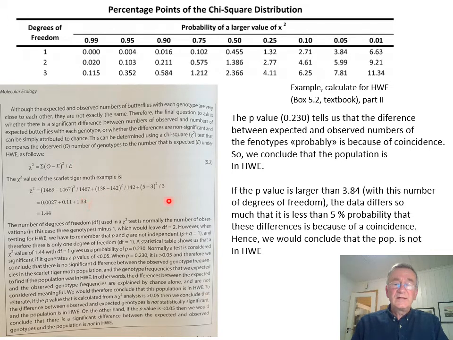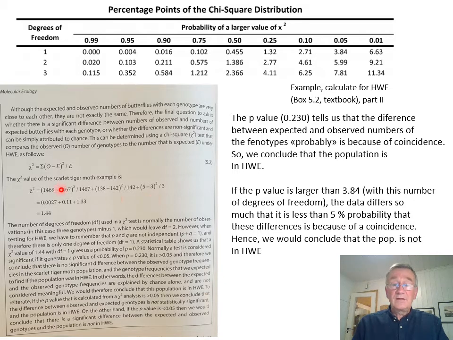In this line we have 1469, the observed number of homozygous capital A, minus the expected number of homozygous capital A, squared, divided by the expected number. Then we look at the heterozygous: observed minus expected, squared, divided by the expected number of heterozygous. And the same with the homozygous small a.